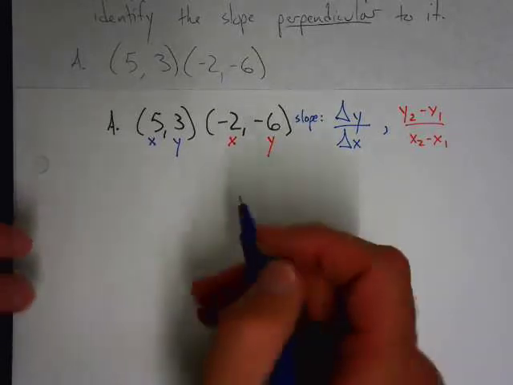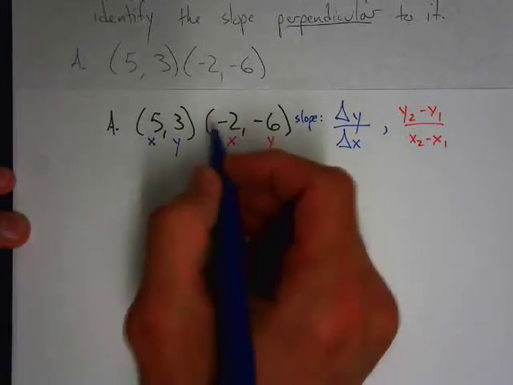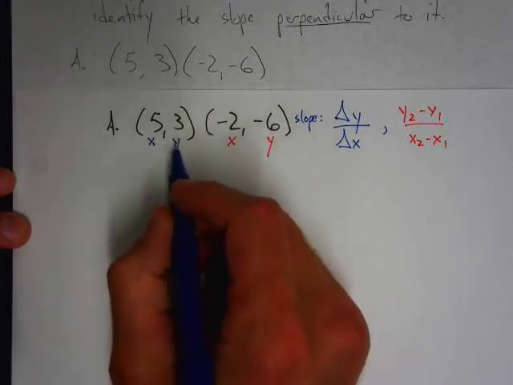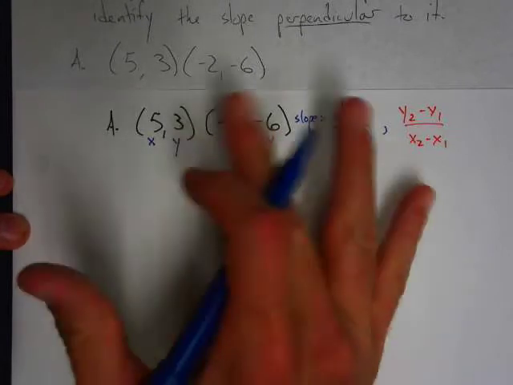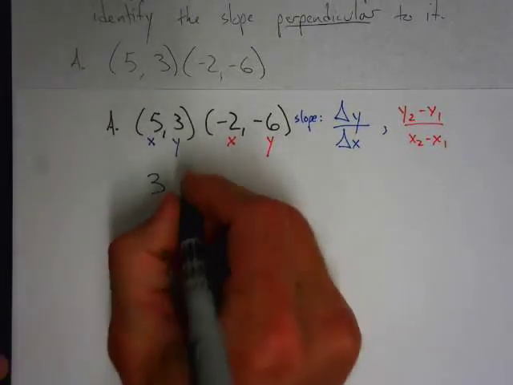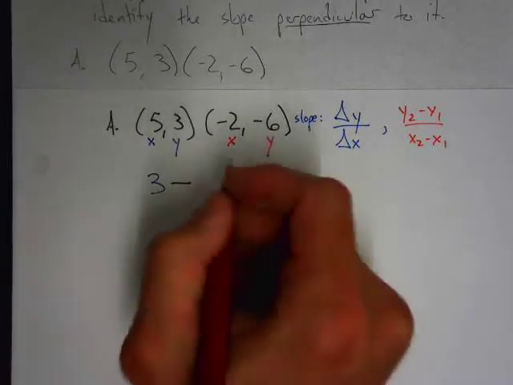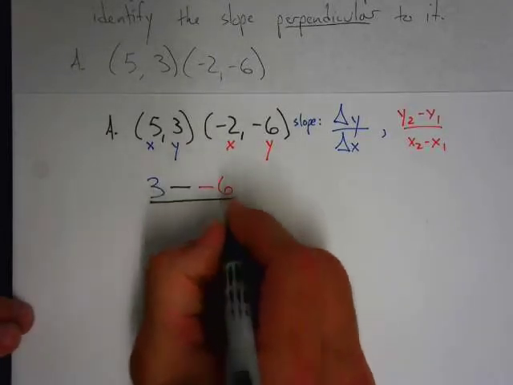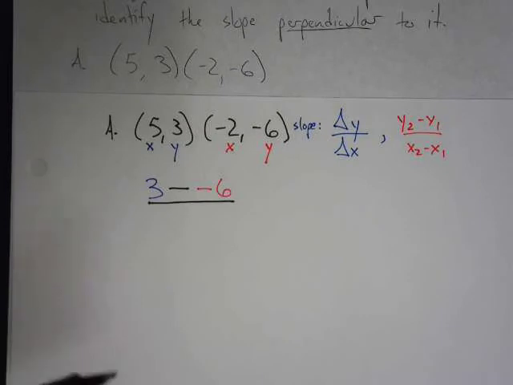So we're going to have the change in y, and it doesn't matter which you subtract, the blue one from the red one or the red one from the blue one. Just stick with the same order. So I'll do the blue one first. So I'll have 3 minus negative 6. And I do the same thing with the x value.